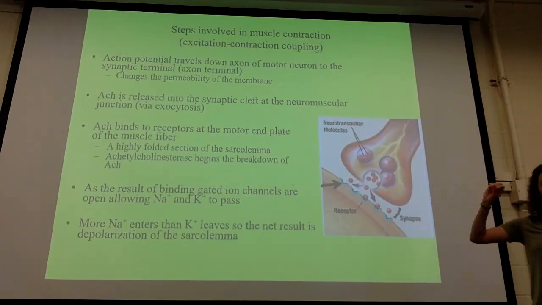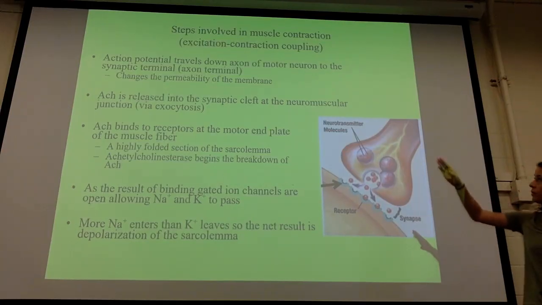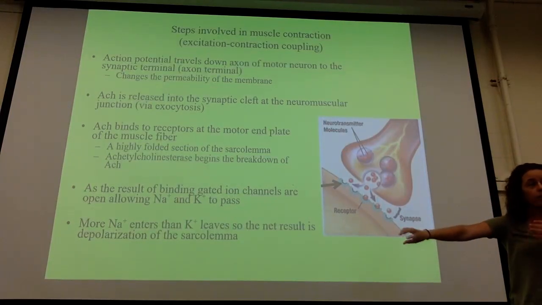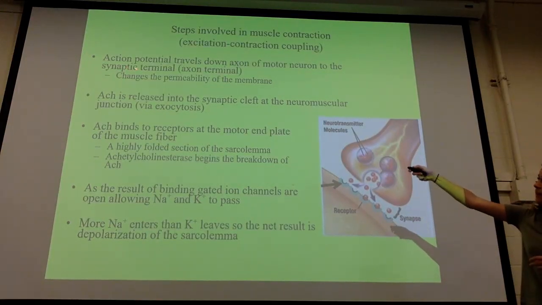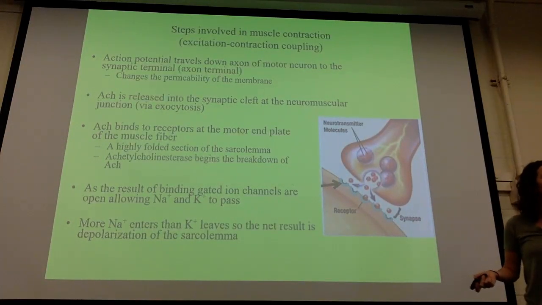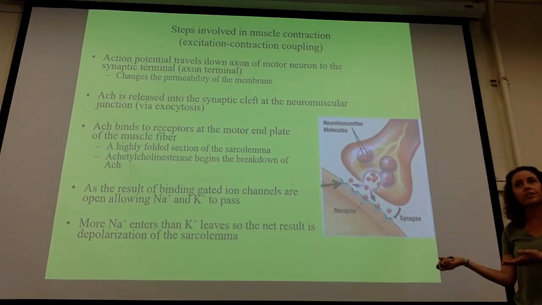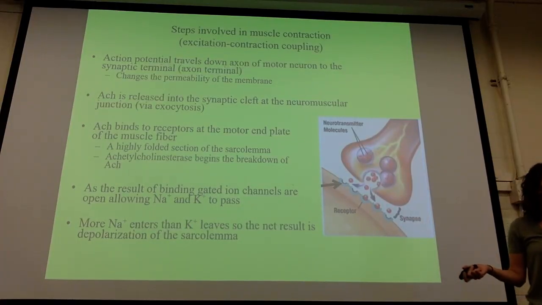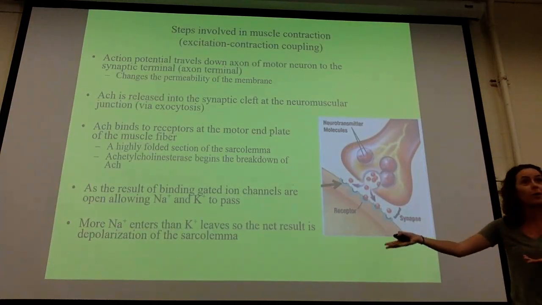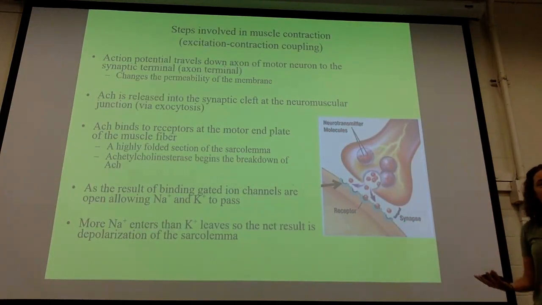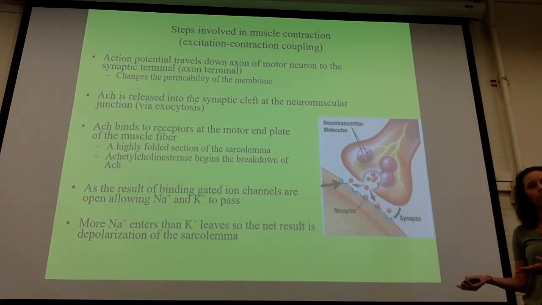So the action potential, that signal, travels down the length of the nerve and arrives at the synaptic terminal, which is just the end of it, like when you get to your terminal at the airport. From that terminal you're going to go somewhere else. So when the action potential reaches the synaptic terminal, it's reached the end of that motor neuron.